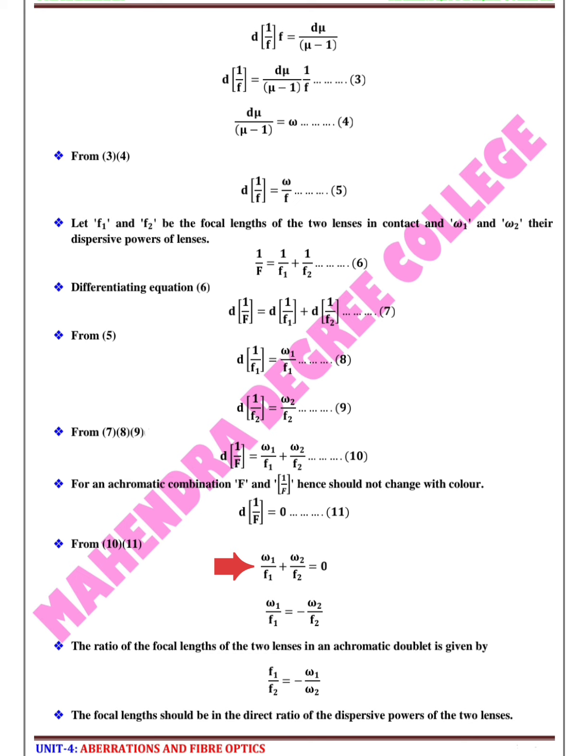This equation represents the condition for achromatism in a lens combination, specifically for a doublet lens where two lenses are in contact. This condition ensures that the combination of lenses will focus light of different colors to approximately the same point, minimizing chromatic aberration.